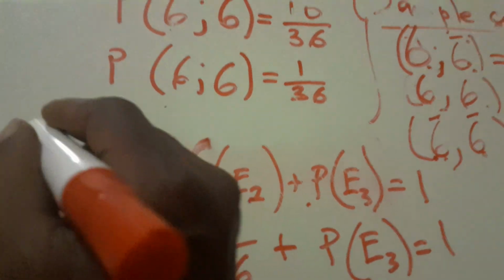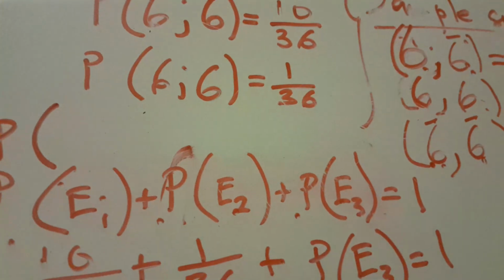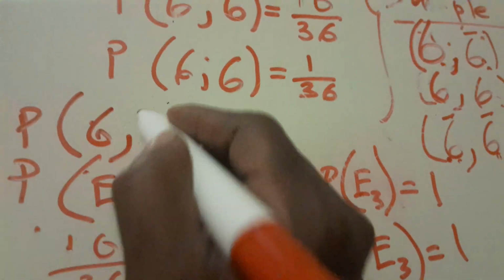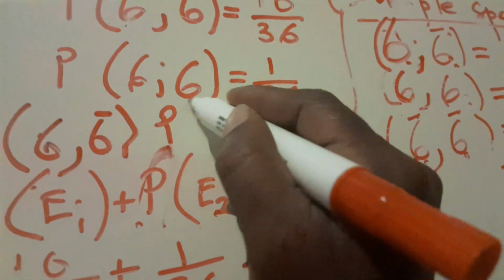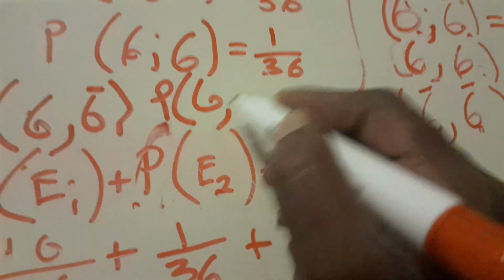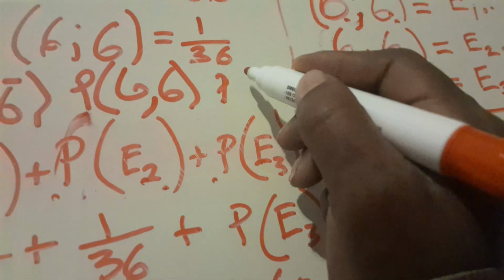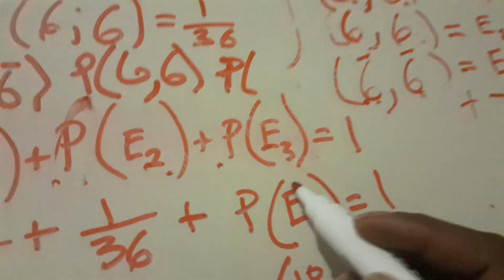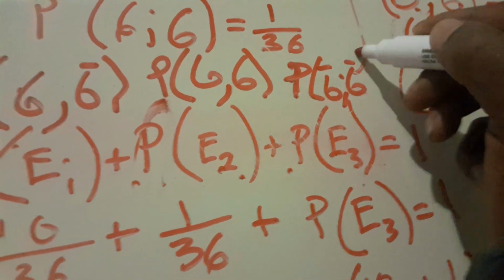What are those events? The probability of event 1, we are talking about a 6 and not a 6. The probability that you have a 6 and a 6, that's E2. And the probability that you have not a 6 and not a 6.